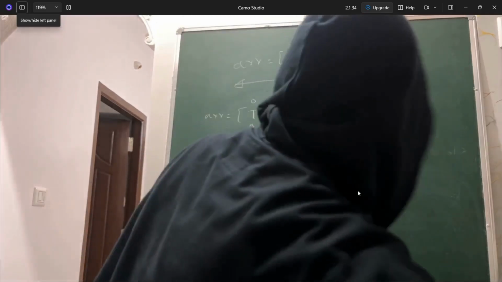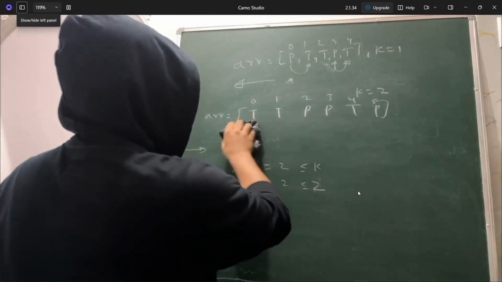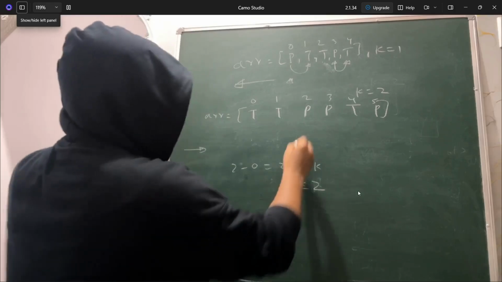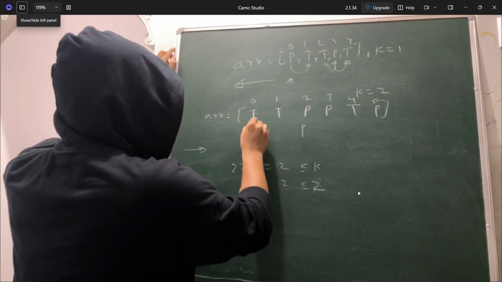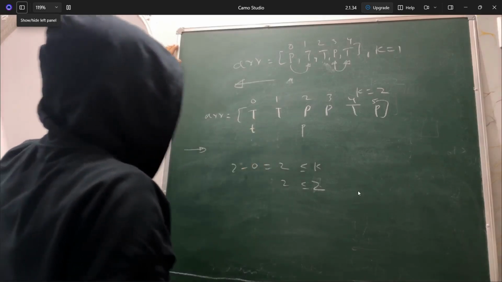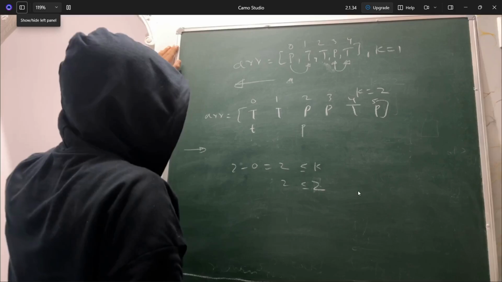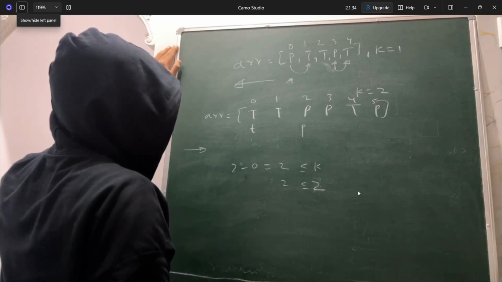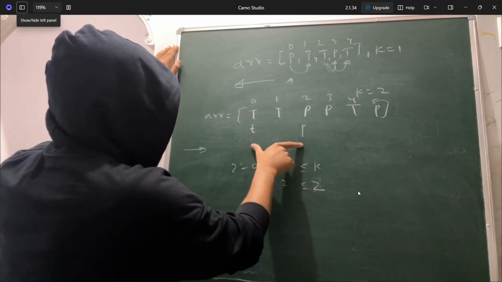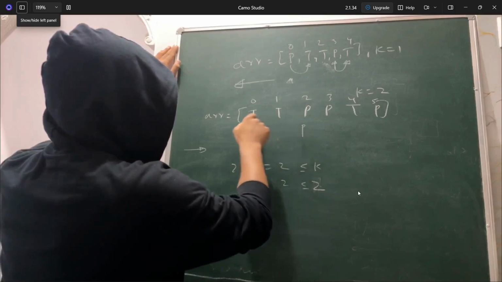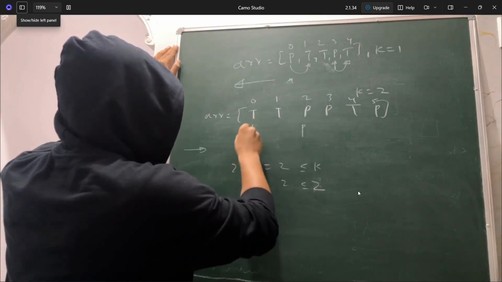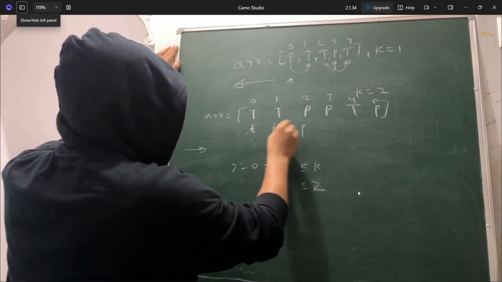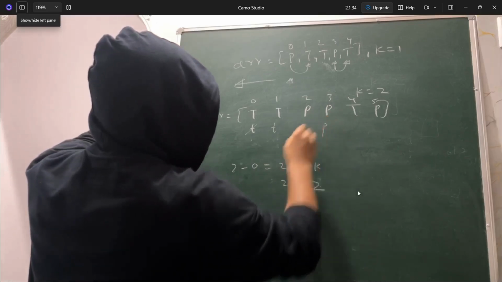Let me name the pointers so it will be easy: the police pointer I'll name small p, and the thief pointer small t. This police has got a thief. Now we will move the t pointer forward, and the p pointer as well.